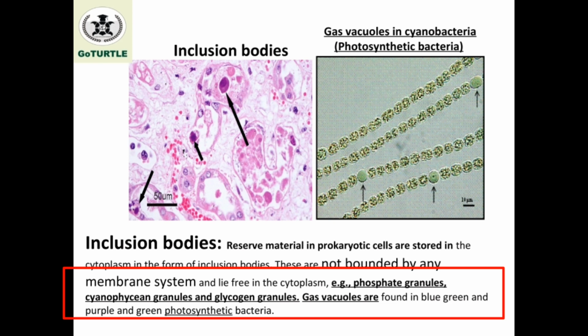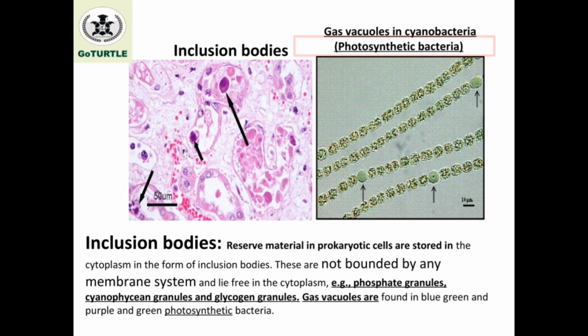Some other examples, like on the right side, I am showing a photosynthetic bacteria, that is cyanobacteria. It has some gas vacuoles, sorry. So these gas vacuoles can also be called inclusion bodies present in the cyanobacteria. Those are forms of storage.